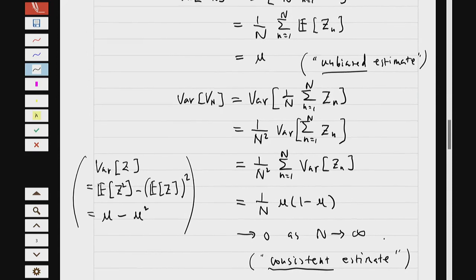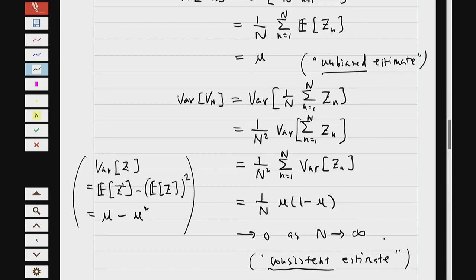And combining both, that means what? Well, consistency says that the random variable is simply equal to its own mean value. And unbiasedness says that this own mean value is actually equal to the true mean. That means this random variable Vn is exactly equal to mu, in some sense, as n goes to infinity. Vn simply converges to its own mean value, which is equal to mu.